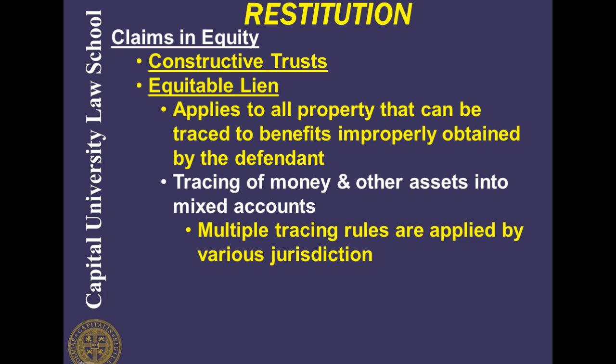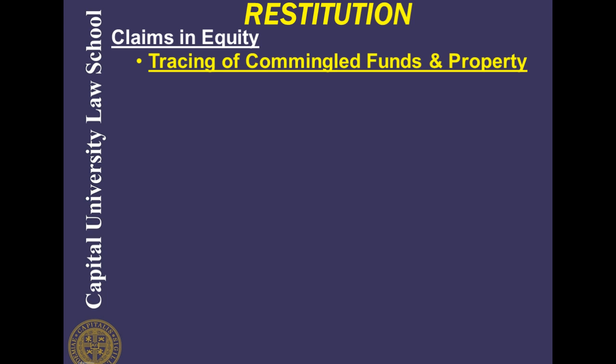As we go through and see, you'll see how the various rules apply, but remember, these are purely fictions, and you would have to see which jurisdiction you are in as to which rules that jurisdiction applies to the tracing of property. Let's take a look at these different rules.